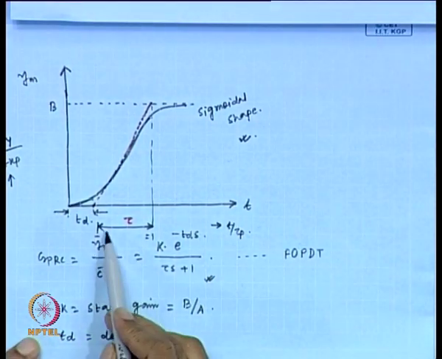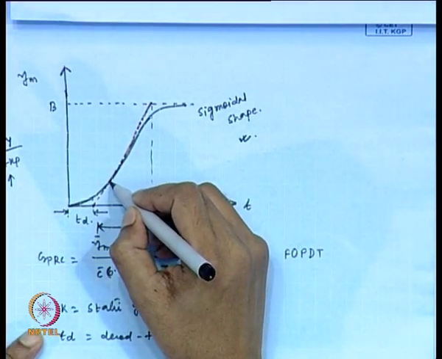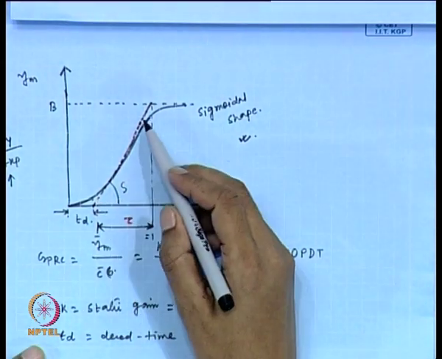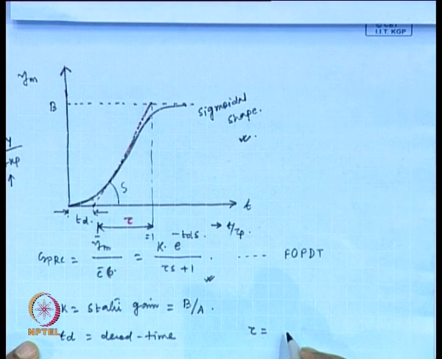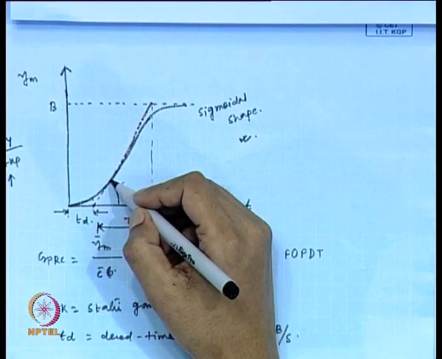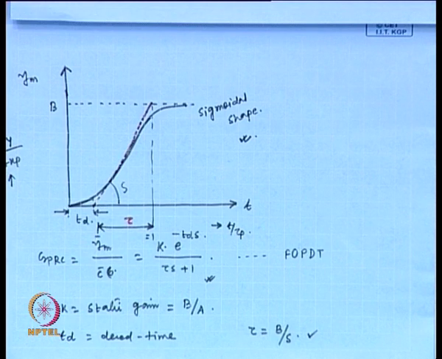So, this quantity is tau. If s is the slope of this tangent starting from t equals 0, then we can write tau equals B by S. Fine.